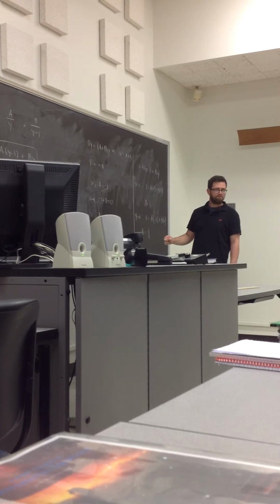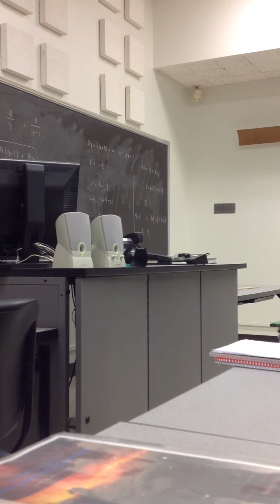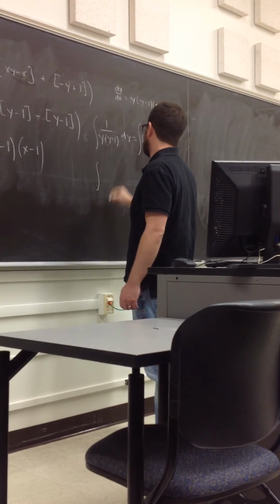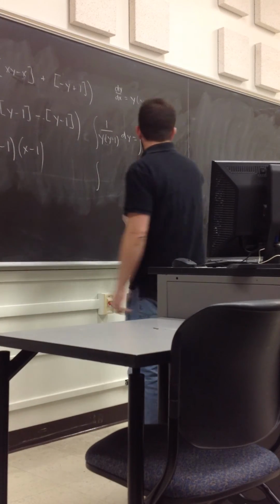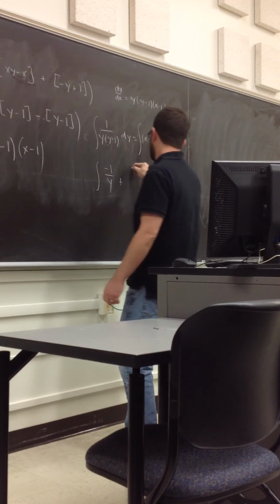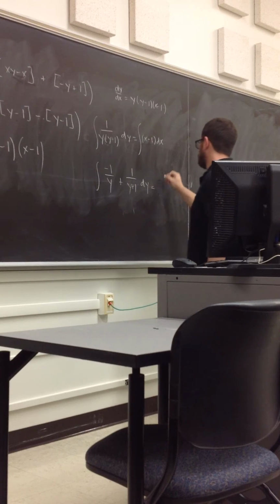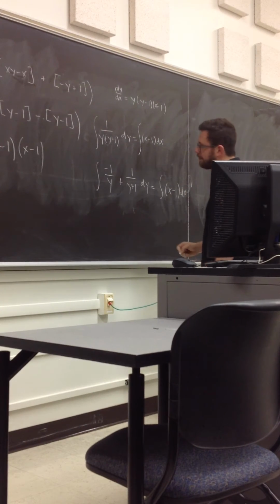So let's go back to this equation. Instead of this expression, now we know that this is the integral of minus 1 over y plus 1 over y plus 1 dy, equal to the integral of x minus 1 dx.